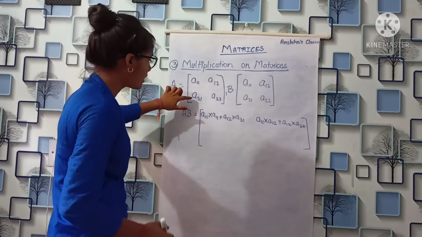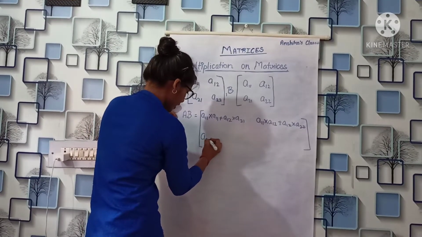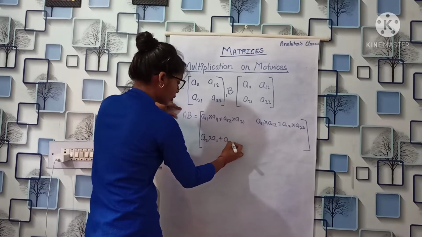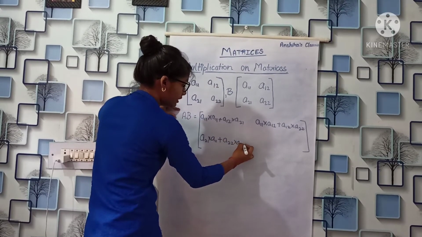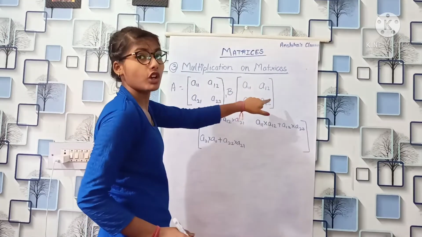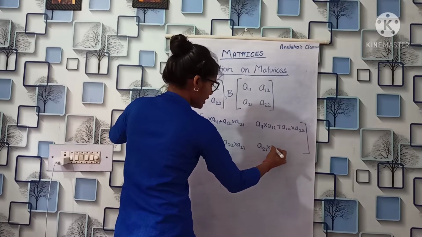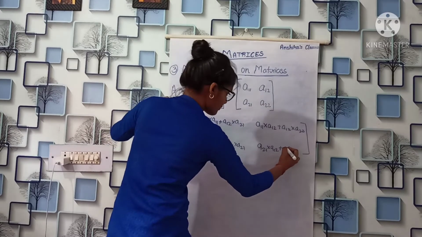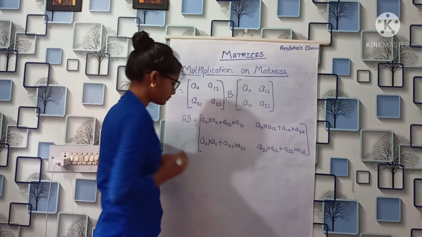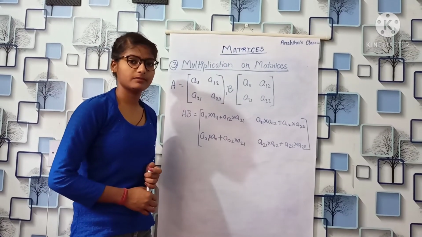Then second row multiplied by first column: A21 multiply A11 plus A22 multiply A21. Then second row multiplied by second column: A21 multiply A12 plus A22 multiply A22. This is the format of multiplication of matrices.